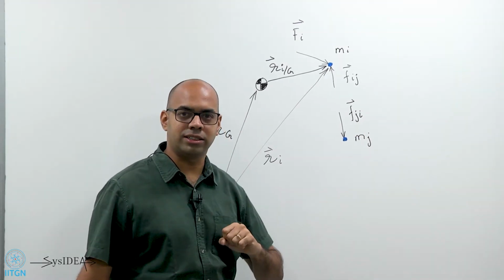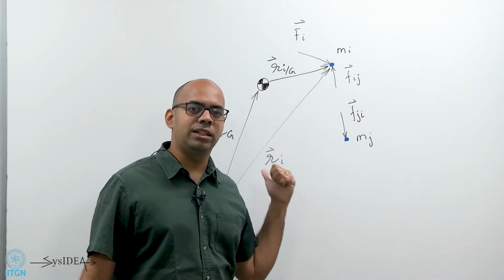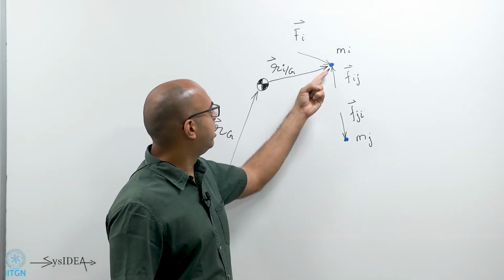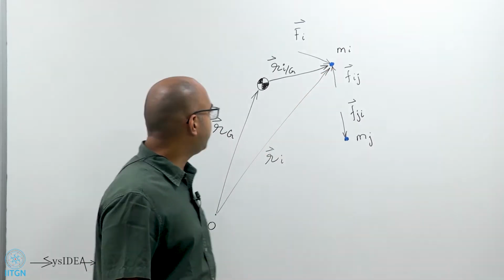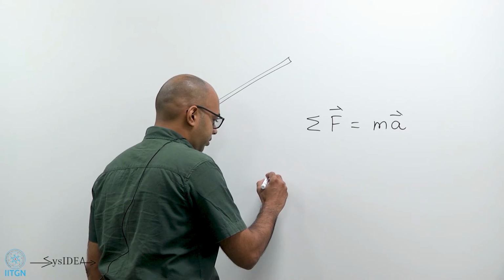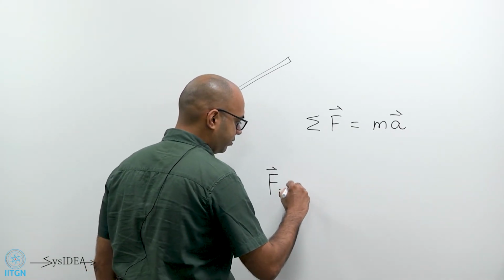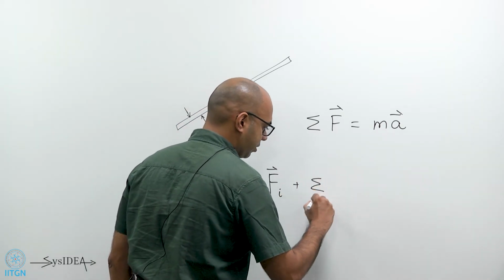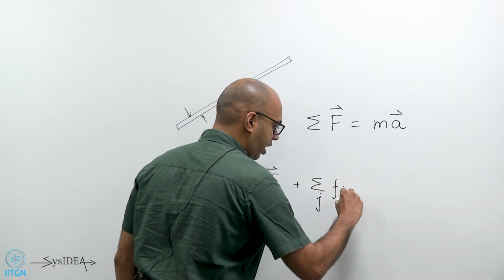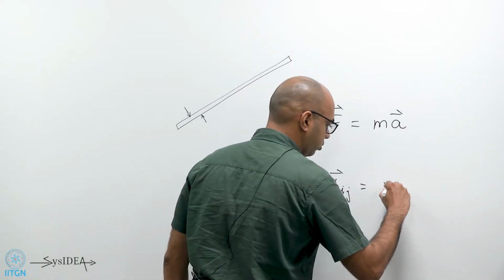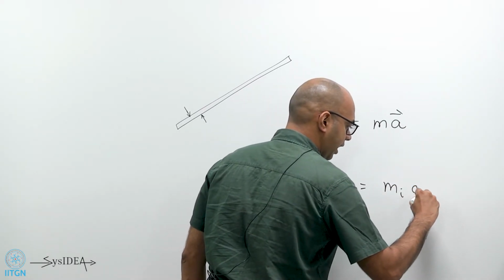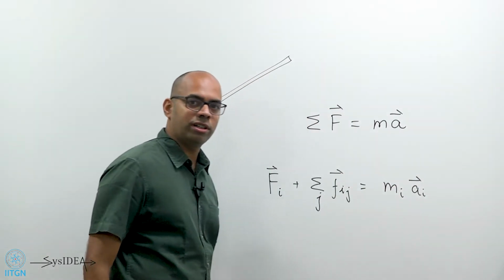This we had already discussed. Now, if we write Newton's law for the ith particle, we get Fi plus summation over j Fij is equal to mi ai. This we have seen before.